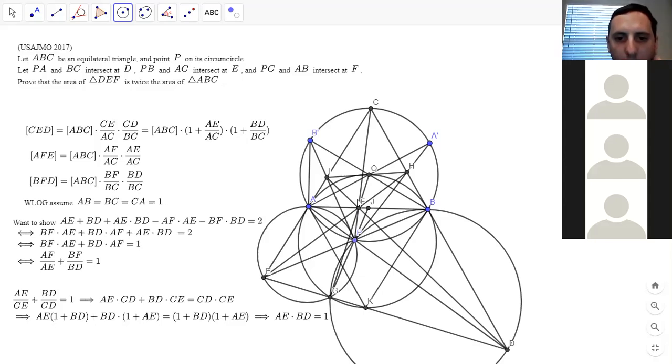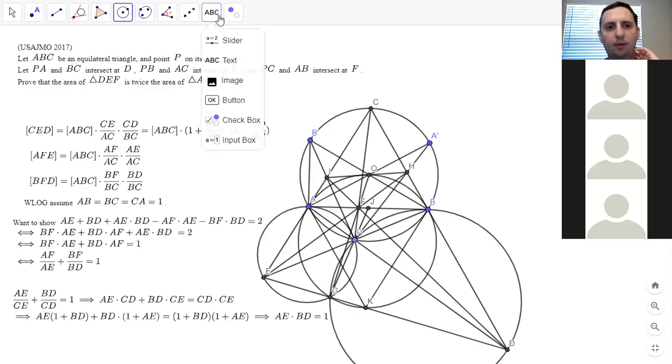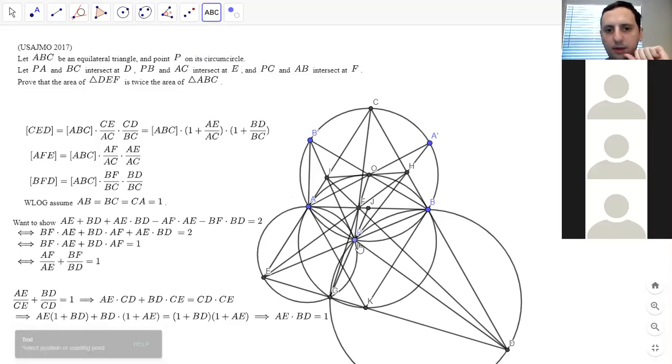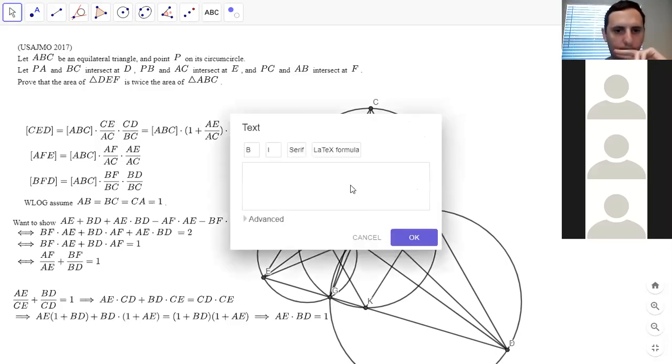So AF over AP. Okay, so say the first fraction again. AF over AE, and yes, that's equal to AP over PE, equal to FP over AP.